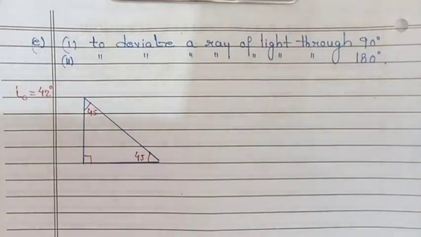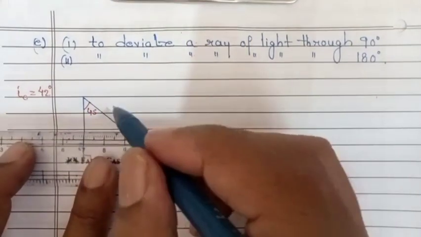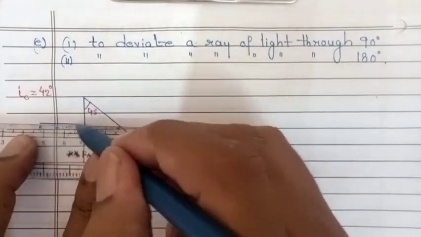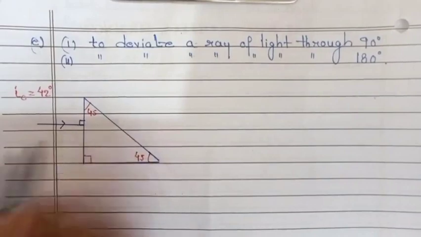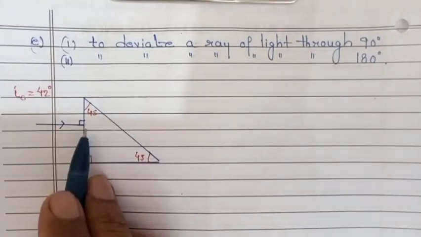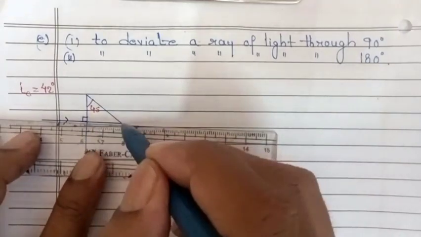Now see how it can be used to deviate a ray of light through 90 degree. We will take a ray which is incident on this surface. It is incident normally to the surface. So as the ray is incident normally to the surface, this ray will pass undeviated.